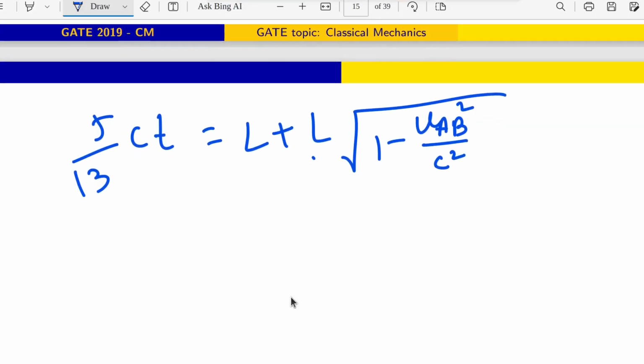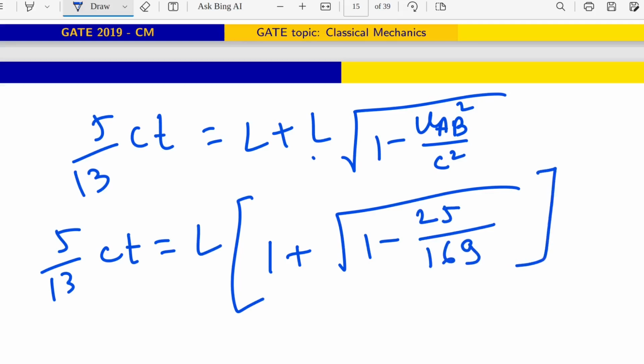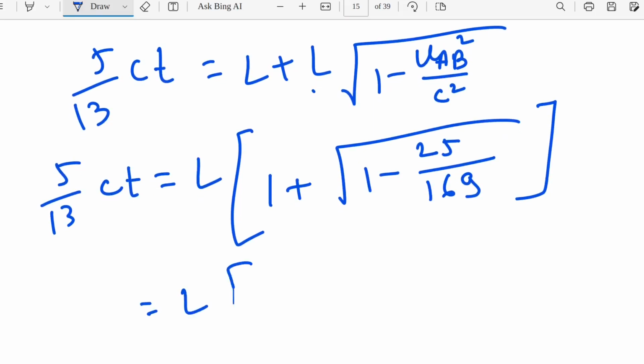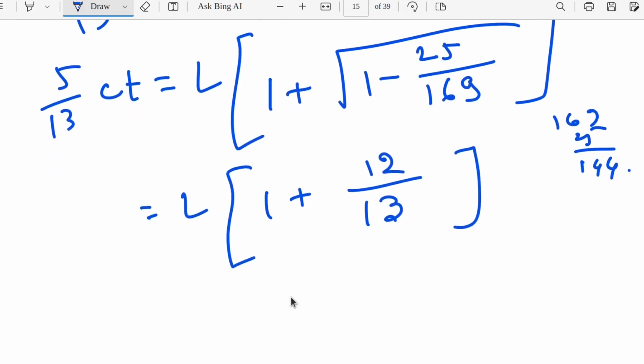So UAB was 5 by 13. Then after a small calculation, I get 1 plus root over 1 minus 25 by 169, and C square cancels. Then 1 plus, this is 13, this is 12, because 169 minus 25 is 144, and the root of 144 is 12.